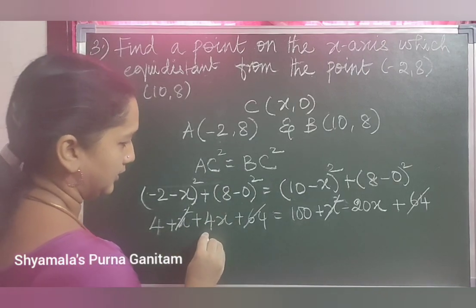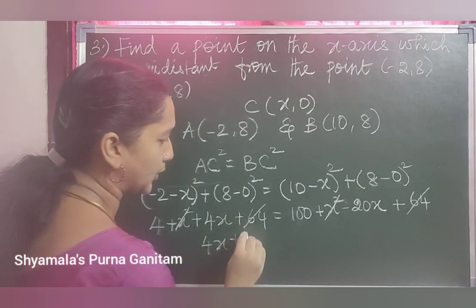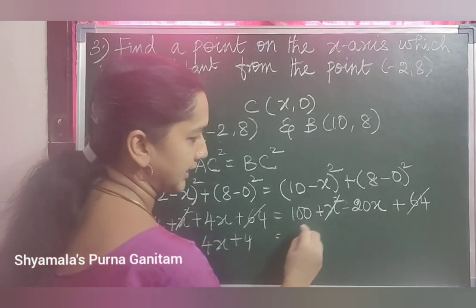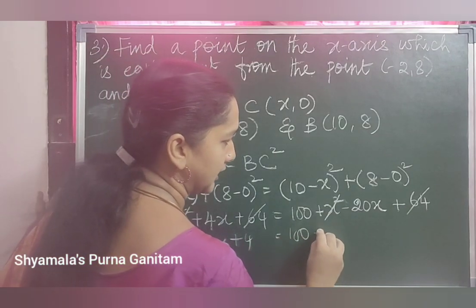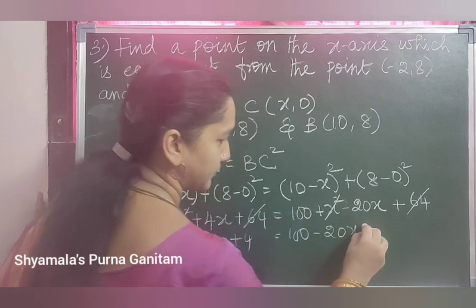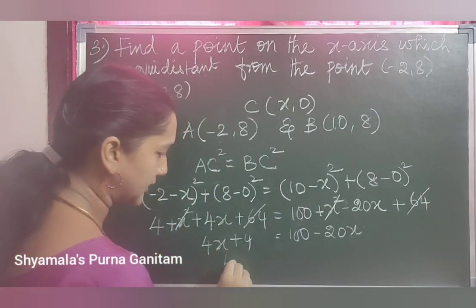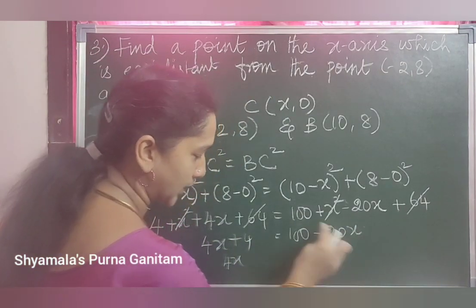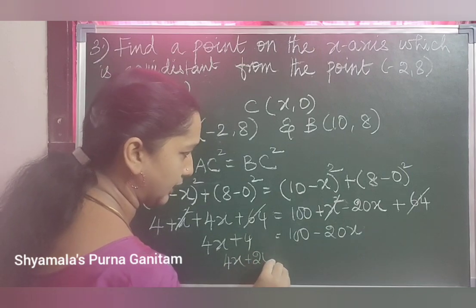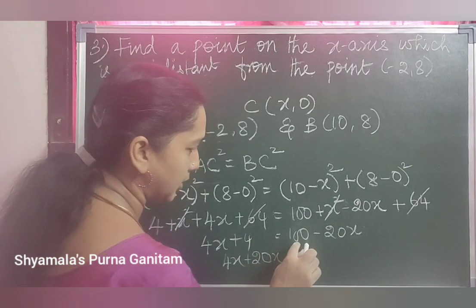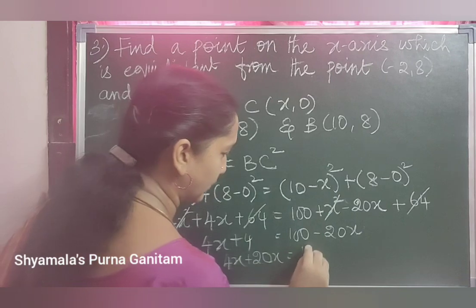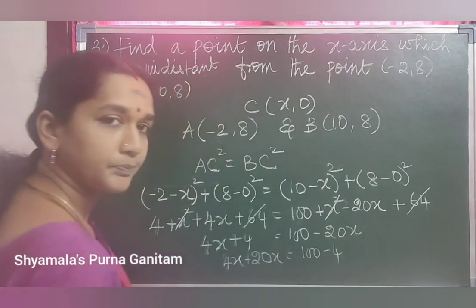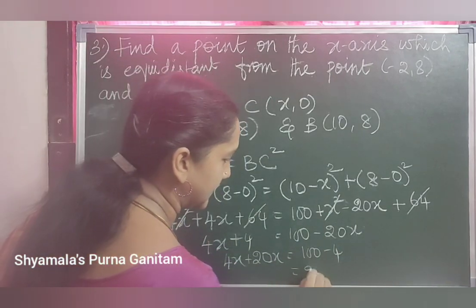Okay, then only 4x plus 4 you have on this side, and on this side we have 100 minus 20x. Okay, so I'll bring this minus 20x to this side, so that is plus 20x is equal to 100 minus 4. 100 minus 4 is 96.